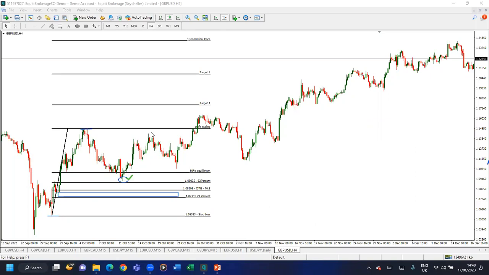Then take profit above here, when this particular high is taken out. Then see another move.